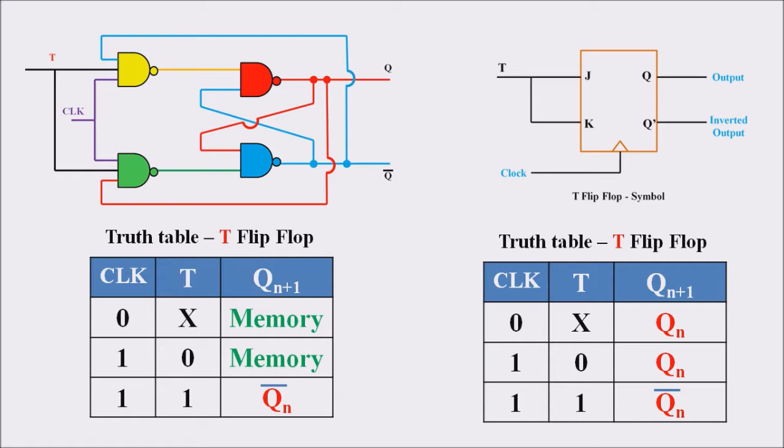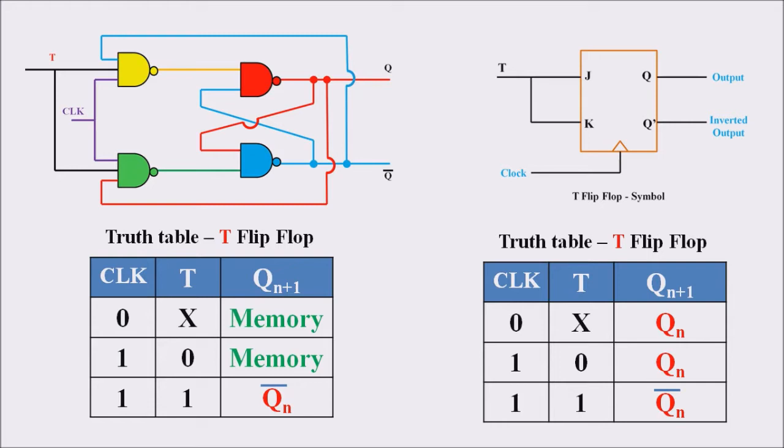In the case of clock 1 and T 0, this will also result in a memory condition, that is we are dealing with a Qn output, that is the previous output itself. In the case of clock 1 and T 1, then the output will be Qn complement, that is the previous output is complemented or inverted in this case. So this is the truth table of T flip-flop.